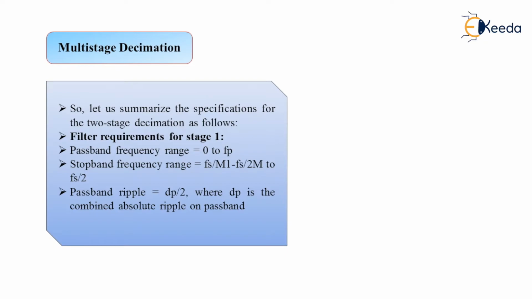Then next to this we have passband ripple denoted by del p divided by 2, where this del p is the combined absolute ripple on passband, and the stop band attenuation can be denoted by ds. Sometimes you can denote it simply by ds or del s. Similarly, for the passband ripple, the ripple can be denoted by del p divided by 2 here. Now we have all these particular filter requirements for stage 1 of the two-stage decimation scheme.